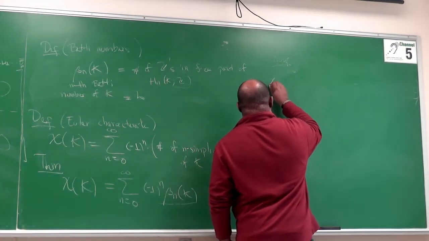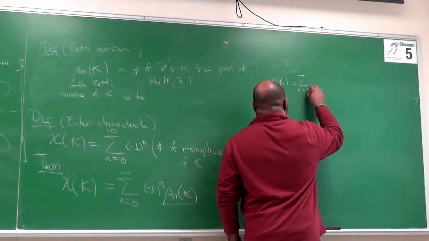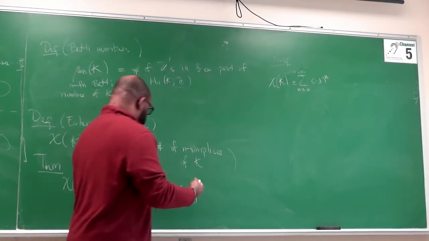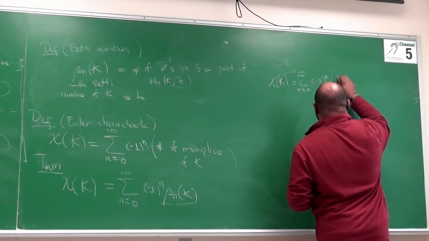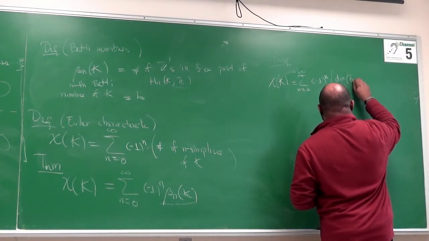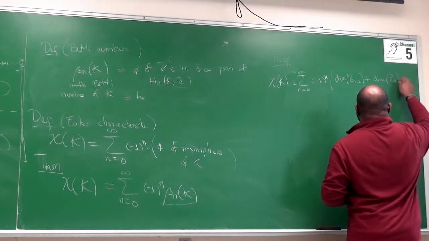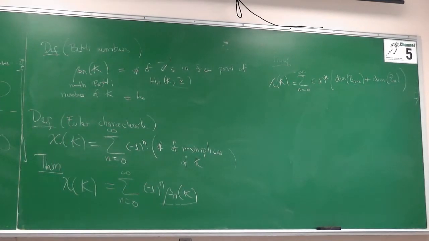So we showed that if you compute chi_n by counting the number of simplices, then this is the same thing as the dimension of B_{n-1} plus the dimension of Z_n. That's from here.